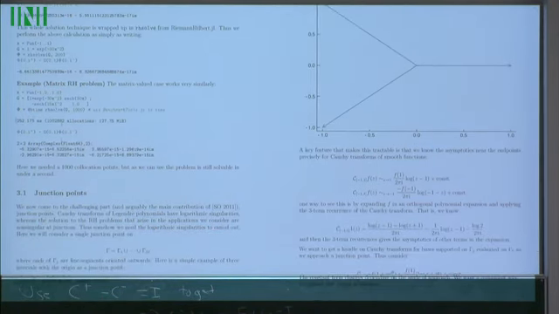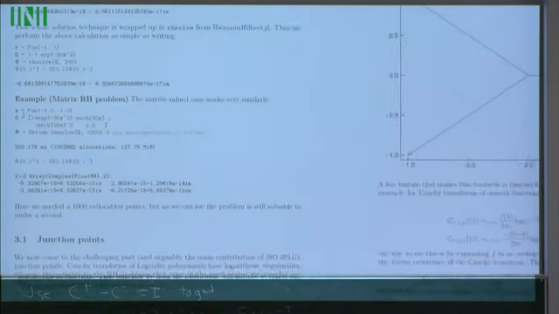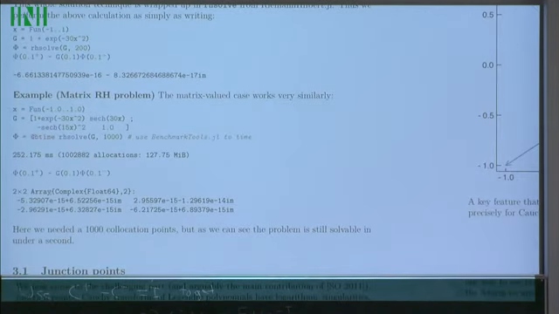This is exactly what happens when we call RHsolve. It sets up that linear system and solves it. And without any further modification, it works for the matrix case as well.